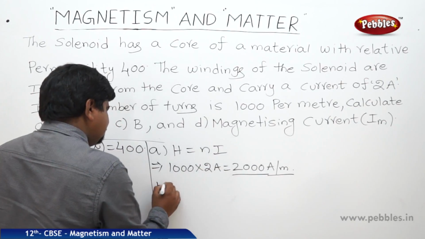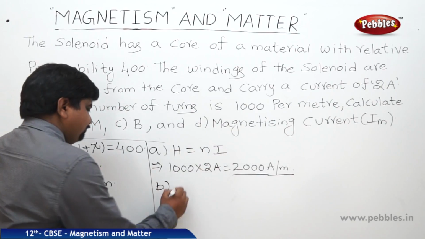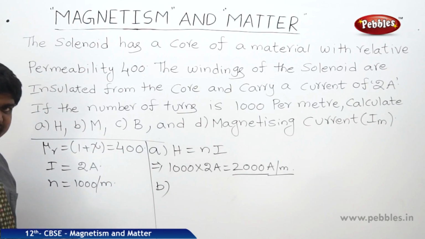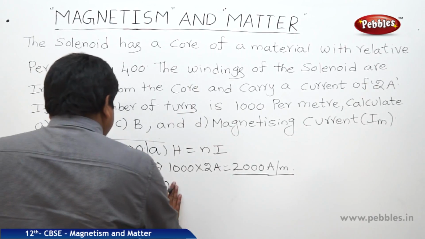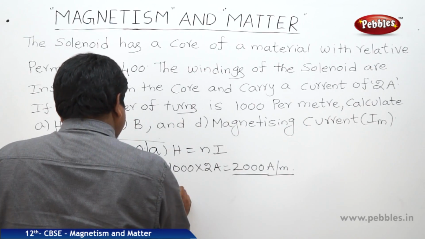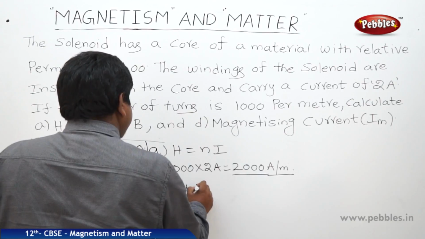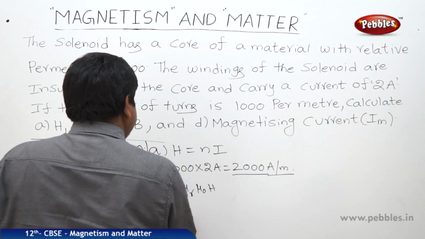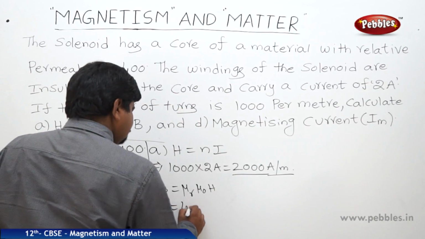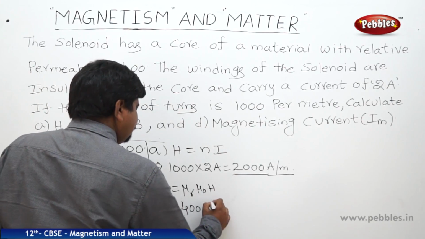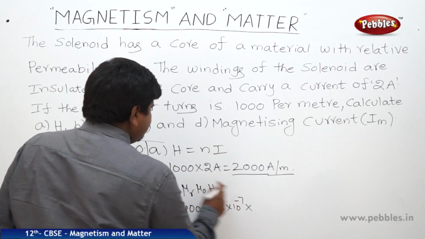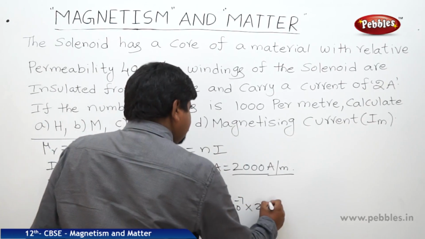So the next bit is M. If you want to find out M, we should find out B first. So the B value is mu r mu naught H. Mu r we have 400, mu naught 4 pi into 10 to the power of minus 7, H 2 into 10 cube.